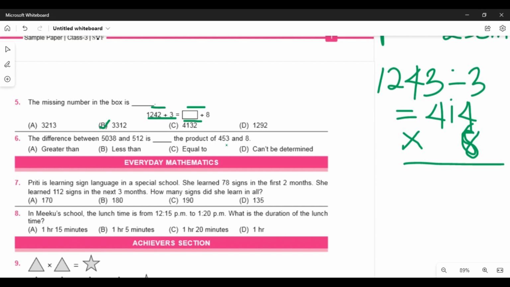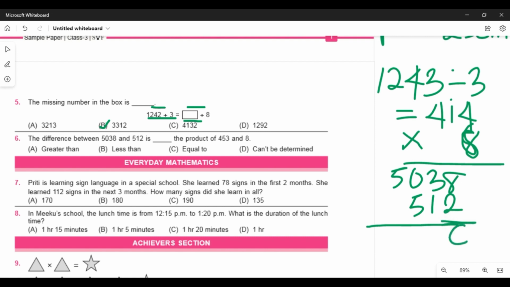Now the next question, question number 6, says the difference between 5038 and 512 is dash the product of 453 and 8. The difference between 5038 and 512, difference in mathematics signifies subtraction. So when we subtract 512 from 5038, what are you going to arrive at?